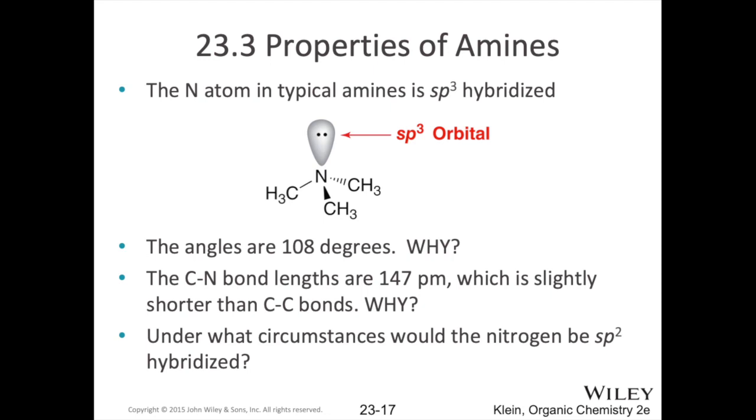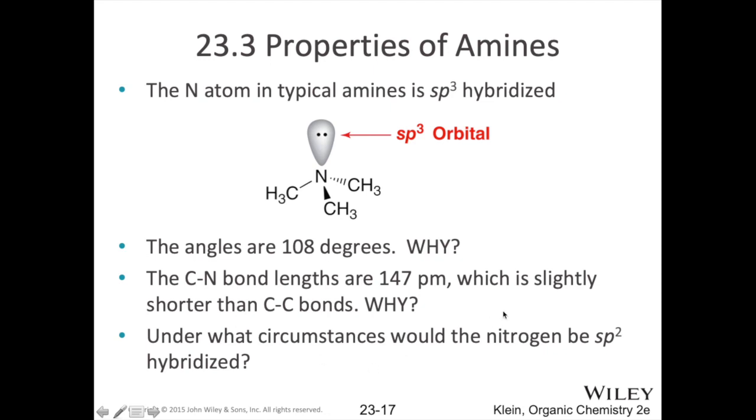It turns out the bond angles between the carbons is a little bit smaller than 109.5 because the repulsion with the lone pair kind of squeezes them closer together. So that's why this angle is 108 instead of 109.5.